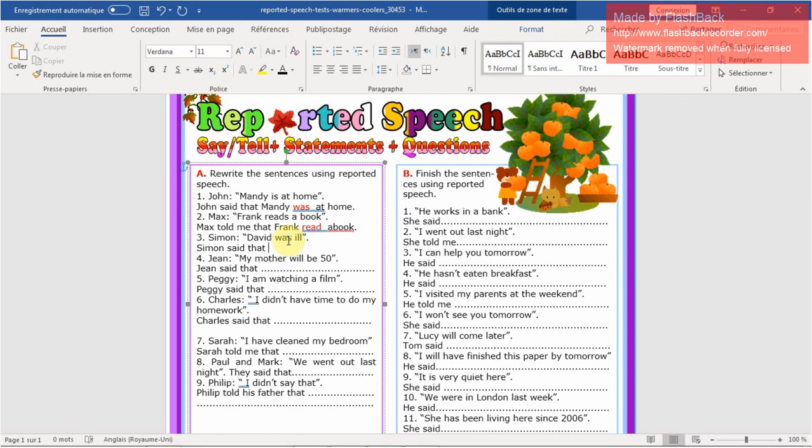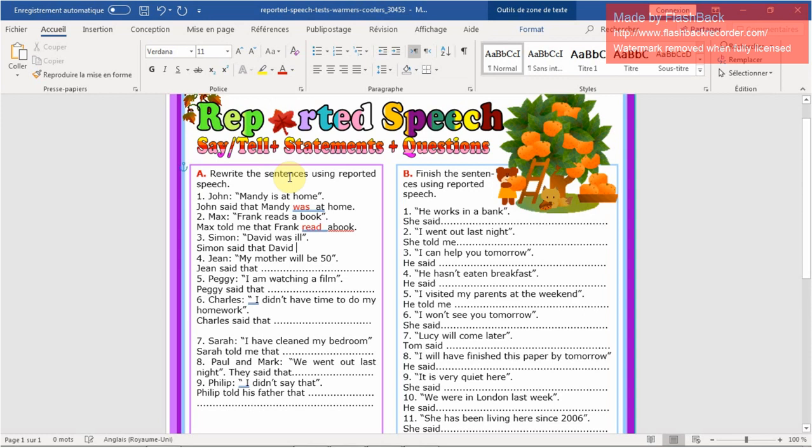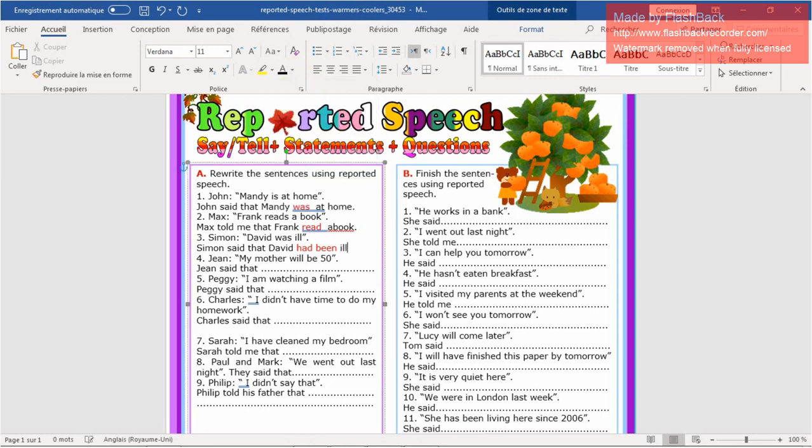It is been. It means verb to be in past perfect is had been. Alright, so Simon said that David had been ill.